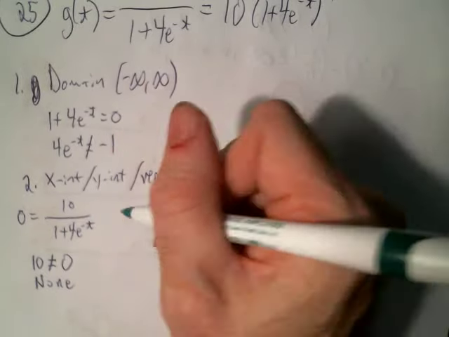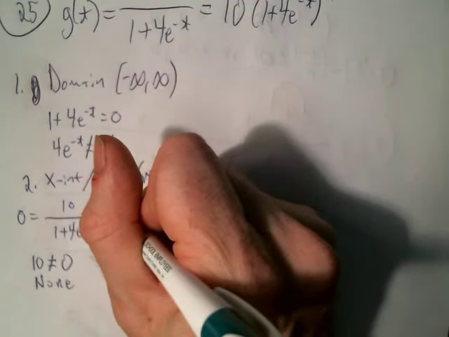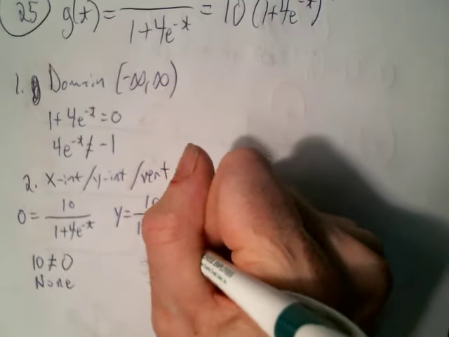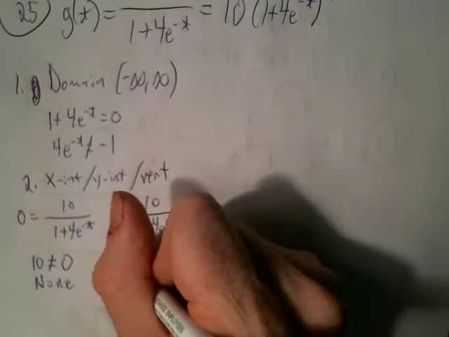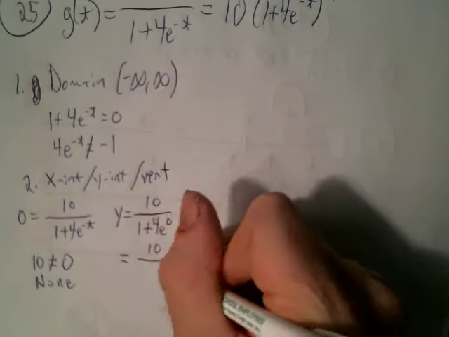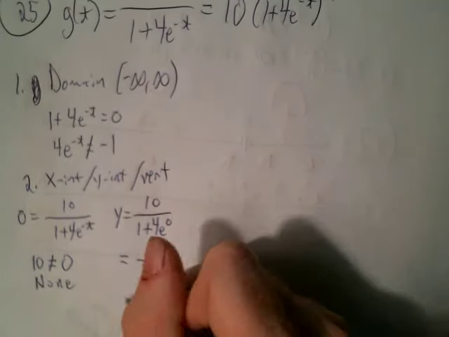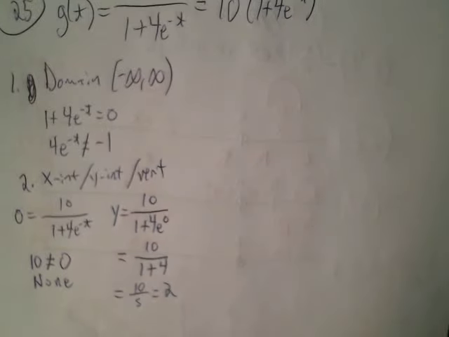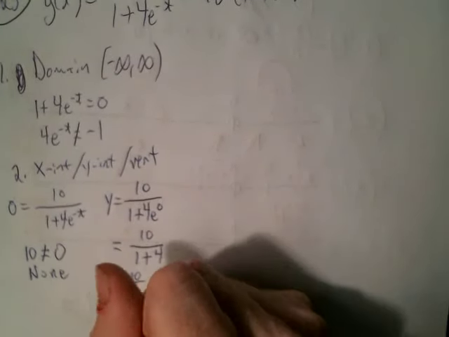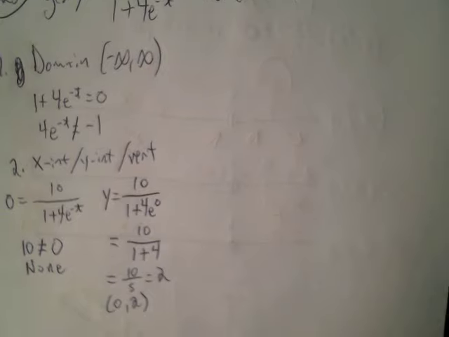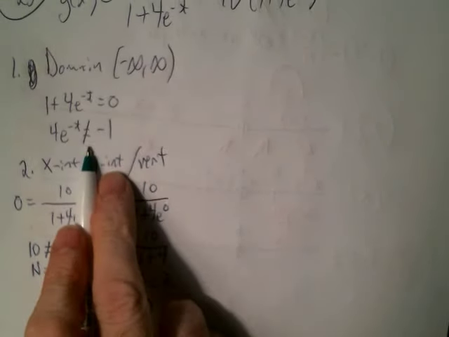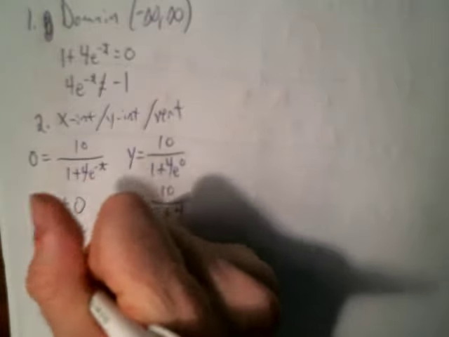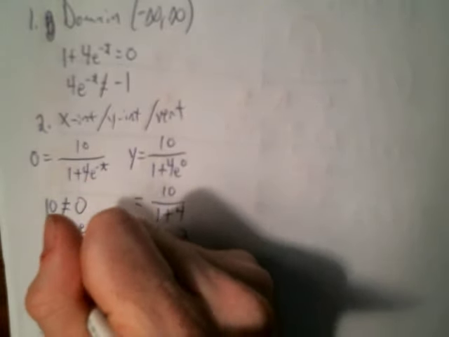For the y-intercept, you let t equal 0, so y equals 10 all over 1 plus 4e to the 0. Anything to the 0 power except 0 is just 1, so I have 1 plus 4. That'll be 10 all over 5, which is just 2. So my y-intercept is at 0, 2. There is no vertical asymptote because the denominator never equaled 0. So I'll just note that: vertical asymptote, none.